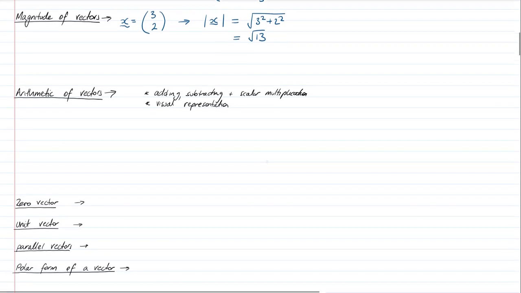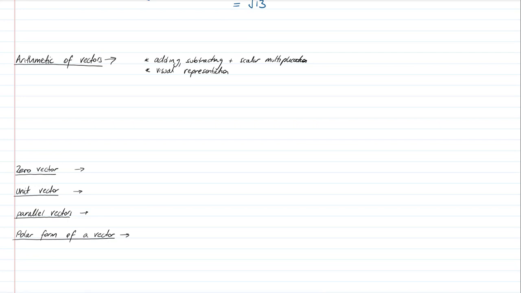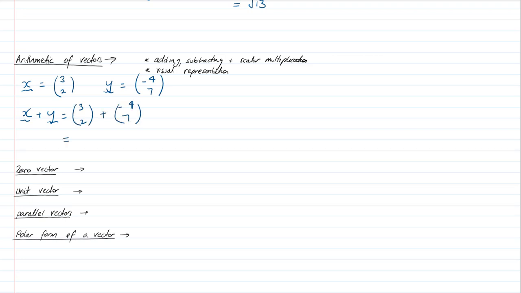Arithmetic of vectors: hopefully you remember adding, subtracting and scalar multiplication and some of the visual representations of this. So let's say that we have vector x equal to 3, 2, the one we've just been doing, and vector y equal to negative 4, 7. Then x plus y is equal to 3, 2, plus negative 4, 7, and that of course is equal to negative 1, 9.